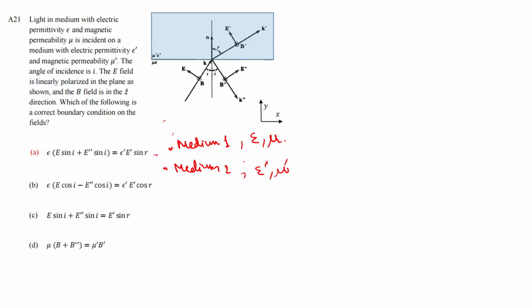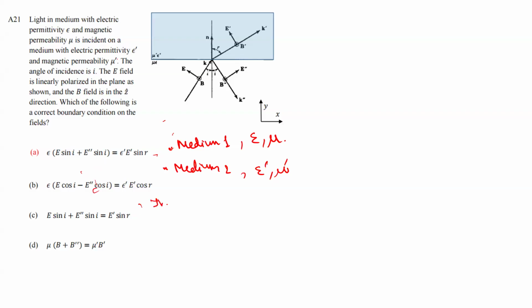The electric field is polarized in the plane of incidence. So this is TM polarization, and for the normal component of D, the boundary conditions are as follows.